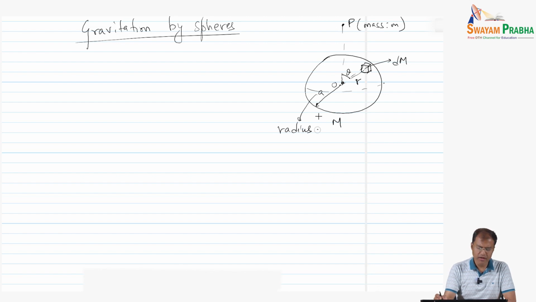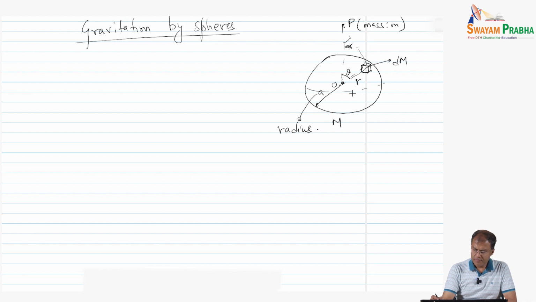And what we have is that this mass dM is making an angle alpha with the point mass.